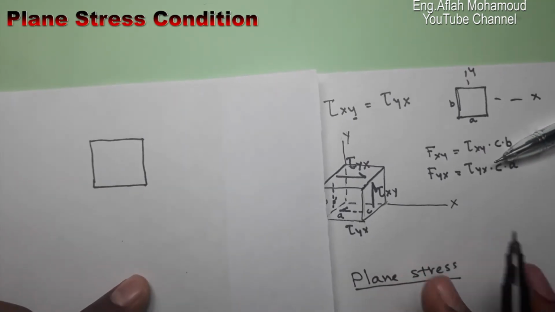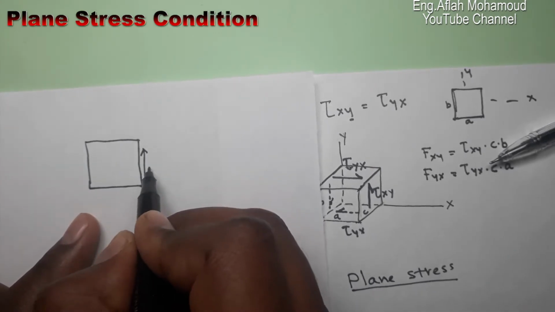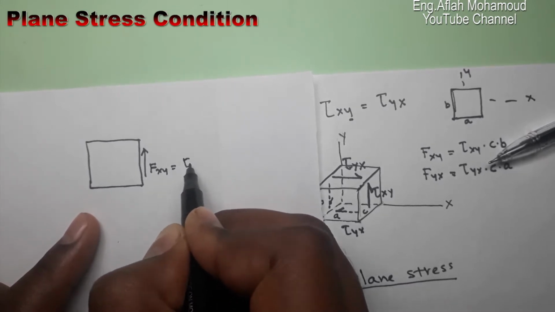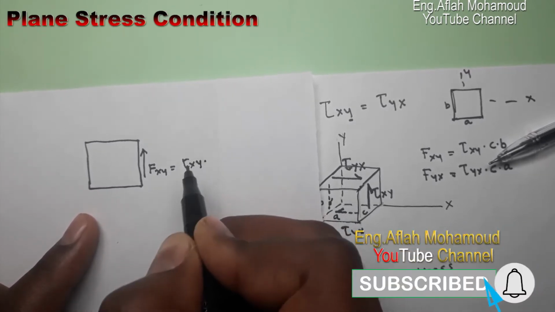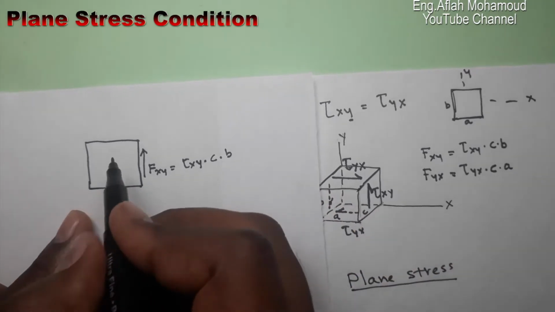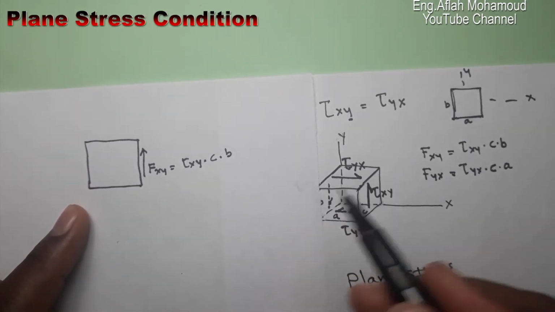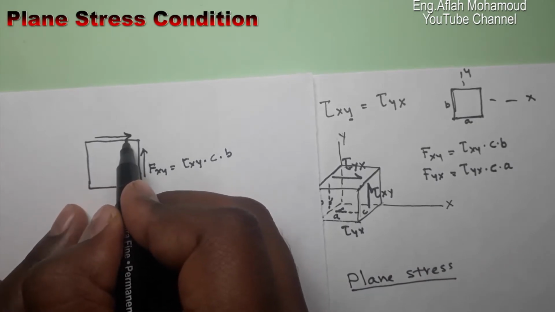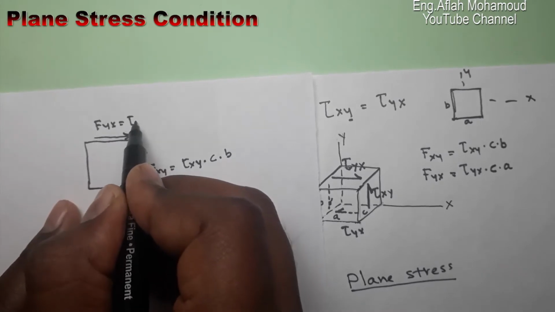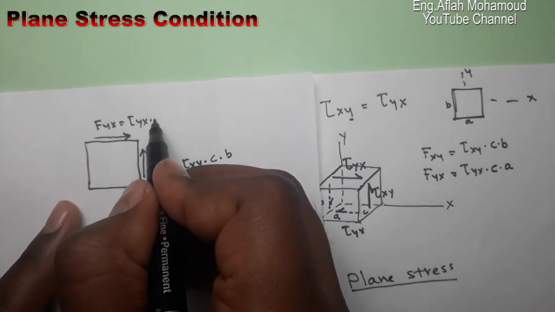Here we have an upward force Fxy, equal to tau xy multiplied by C times B. And here there is a force, shear stress times area, on the top surface, Fyx, equal to tau yx times C times A, or A times C.